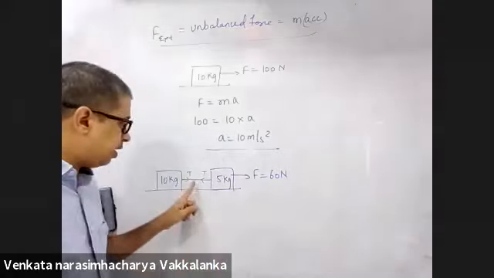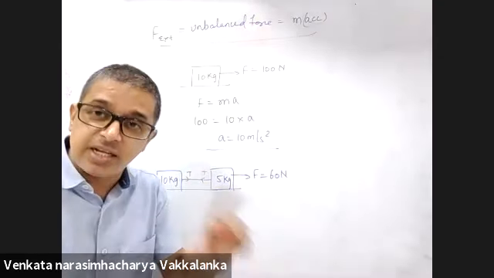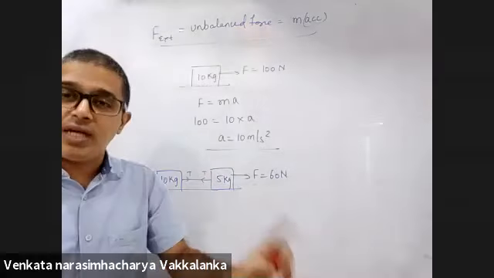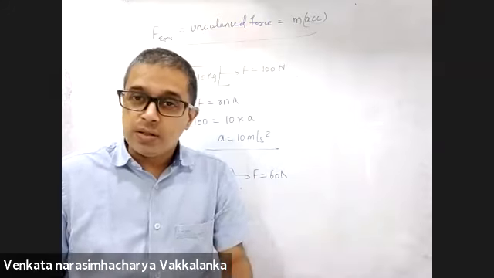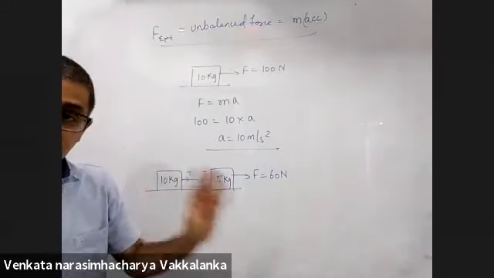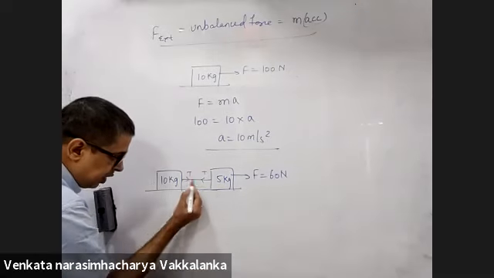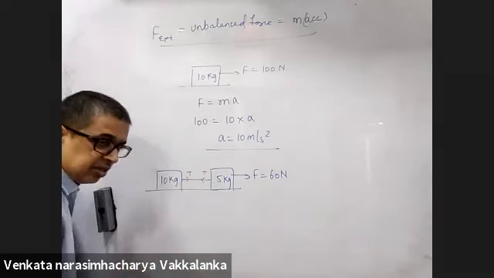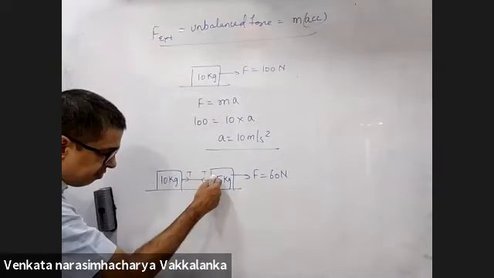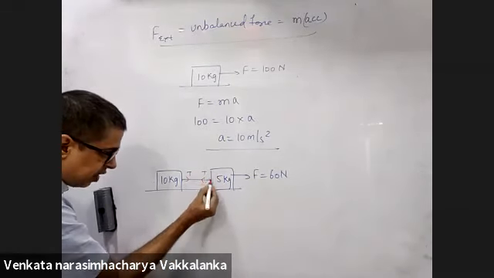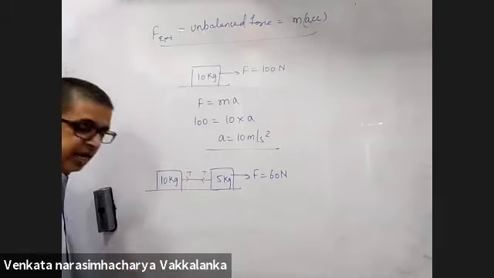In this chapter, even if I forget to tell you that the string is inextensible, assume it is inextensible till I come to springs. Everything that I am dealing with is inextensible. Second, string is the same, so tension will be the same. Third, with respect to the 5 kg block, tension acts away from it. With respect to the 10 kg block, tension acts away from it.